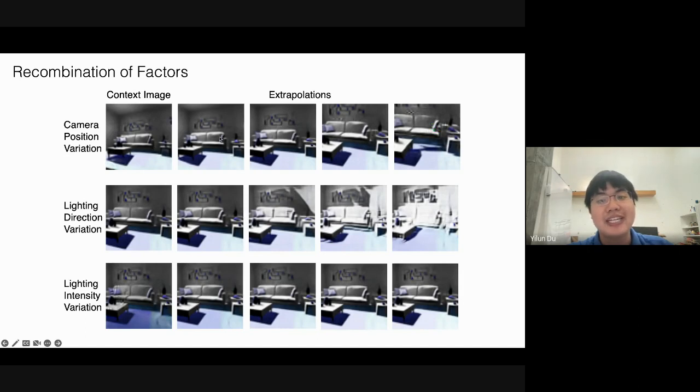And then you see that the scene gets re-rendered at different locations. You can similarly fix all the factors except for lighting direction and vary that, and you can see that the lighting in the scene changes. Or you can fix all the energy functions except for the one representing lighting intensity, and then you can change the underlying lighting intensity in the scene.